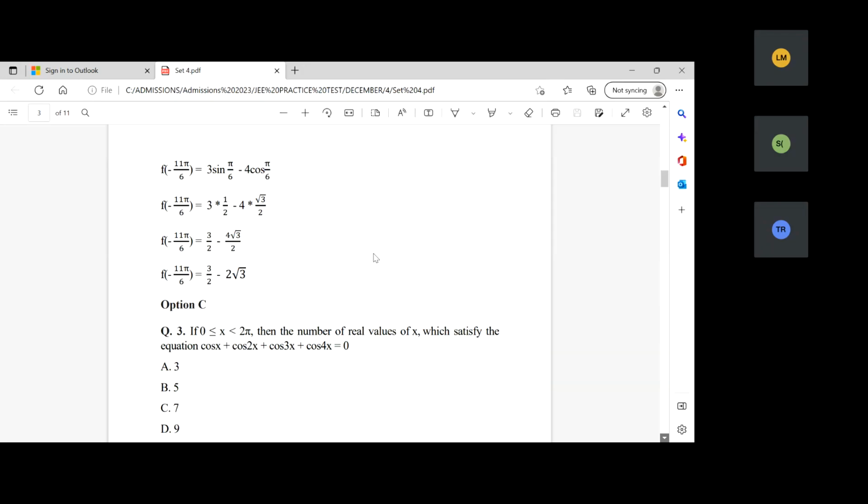I need to find the number of real values of x which satisfy the equation. Cos x is there, cos 2x, 3x and 4x; the sum of all of them is equal to 0. The options given are 3, 5, 7 and 9. So let's see who among you is going to solve this question.